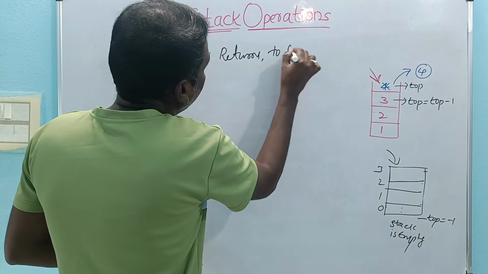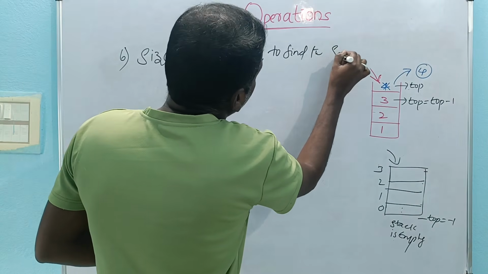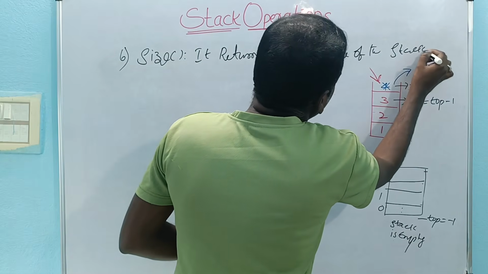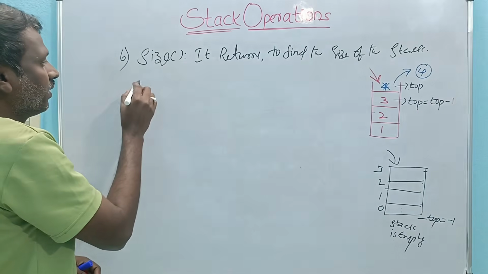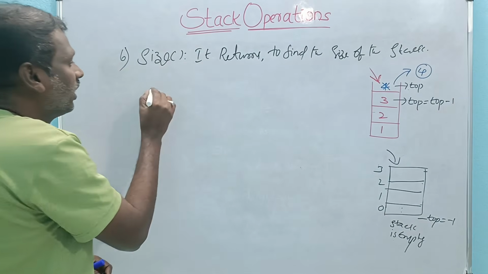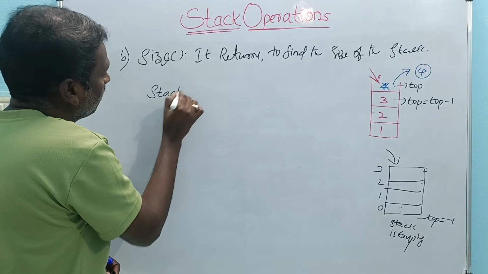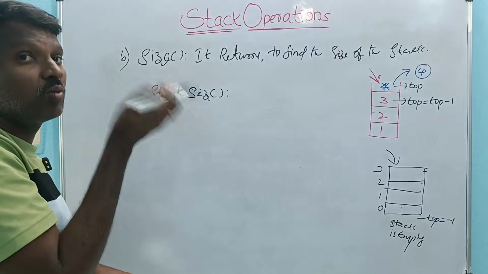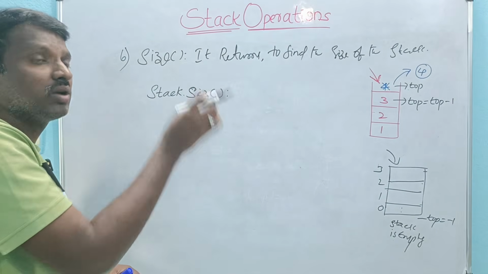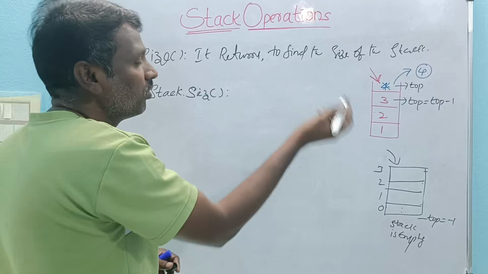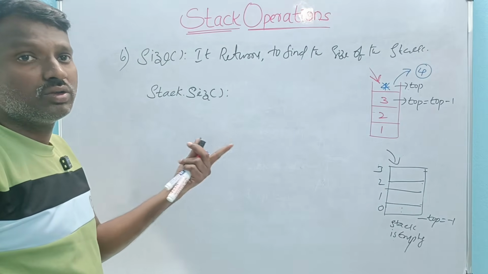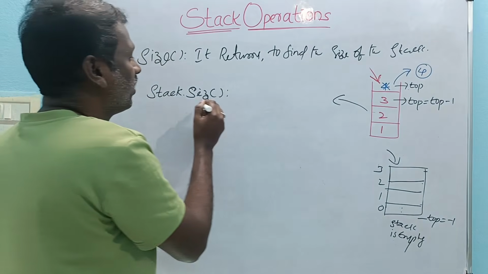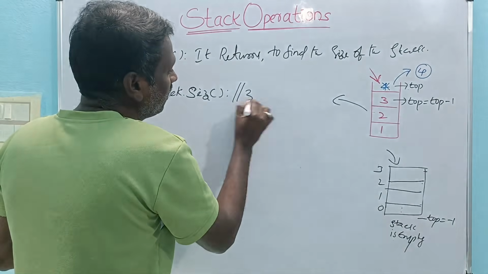It returns the size of the stack. The syntax is very simple: stack dot size. It counts how many elements are available in the stack one by one, and finally that size is returned. For example, take this: after completion of the operations we are finding the stack size. Here the output is 3.